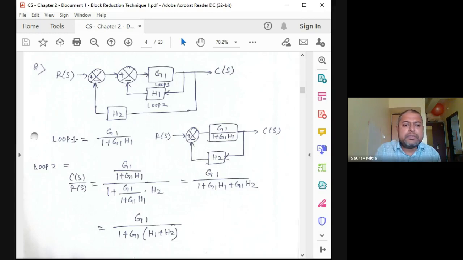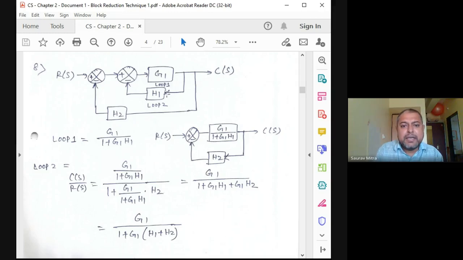So first you solve the transfer function for loop G1. That means this whole thing, G1 and H1, can be represented as G1 by 1 plus G1 H1, as this is negative feedback. This whole thing can be represented as G1 by 1 plus G1 H1, like this.